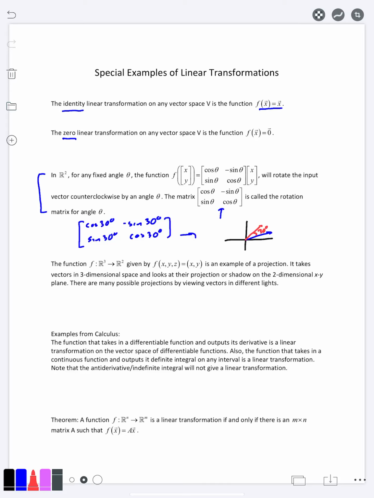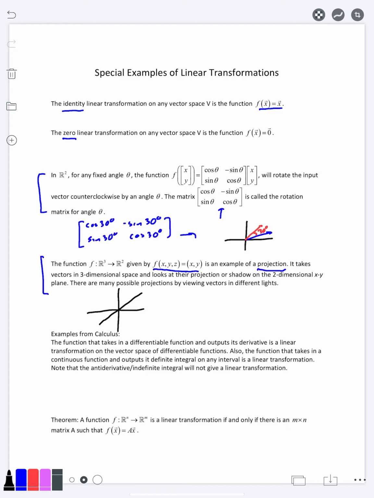The next one here is a little bit odd at first. It takes in a three-dimensional vector x, y, z and spits out a two-dimensional vector x, y. This is what's called a projection. Now this is not the only projection out there; it's just one of many of them.